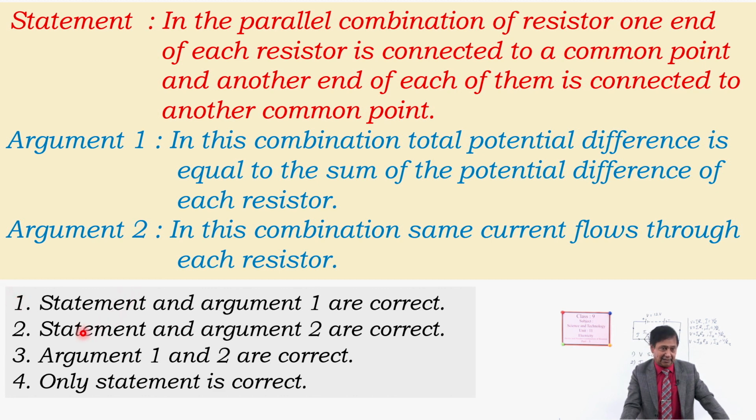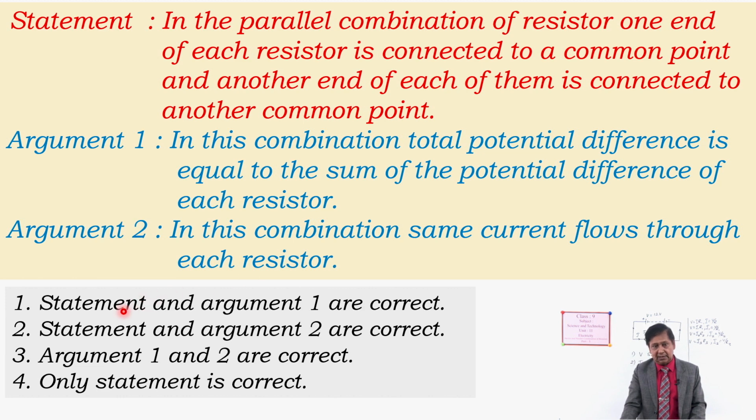Option number 2: statement and argument 2 are correct. The statement is correct, as previously decided. Now argument 2: in this combination, the same current flows through each resistor. Is this correct? No. The same current doesn't flow through each resistor, because this is correct for series combination only.